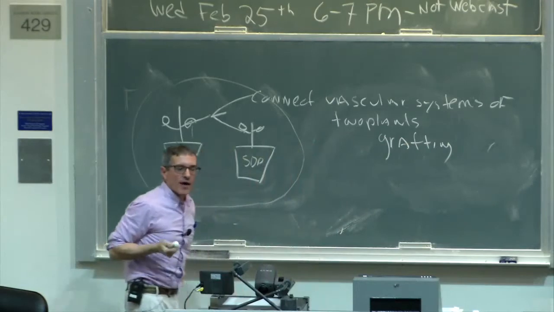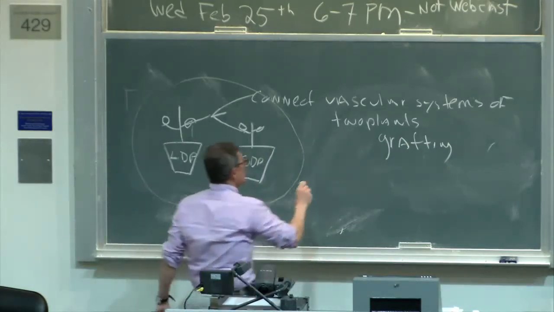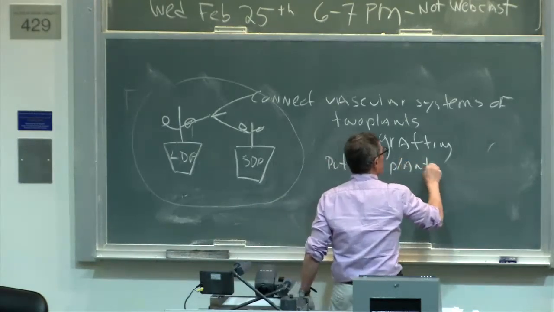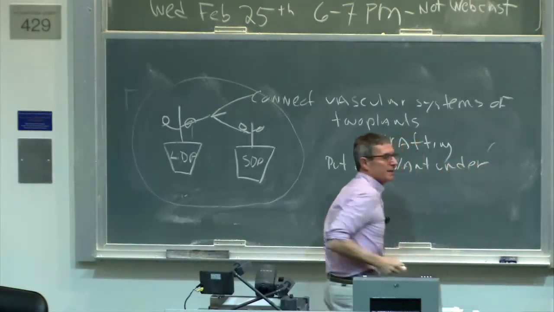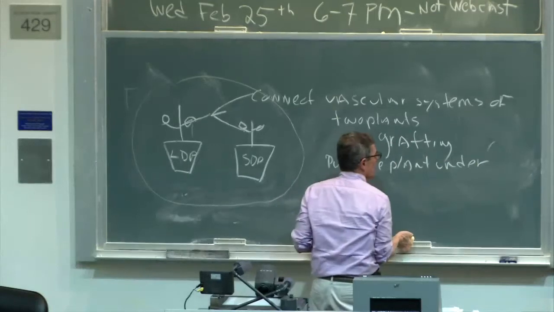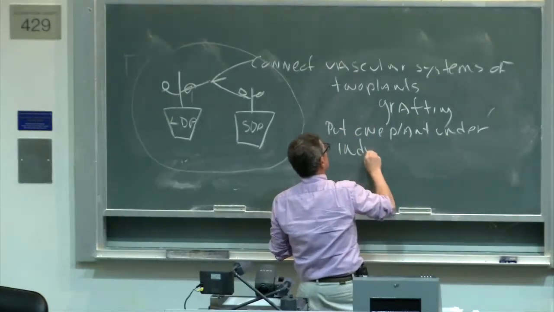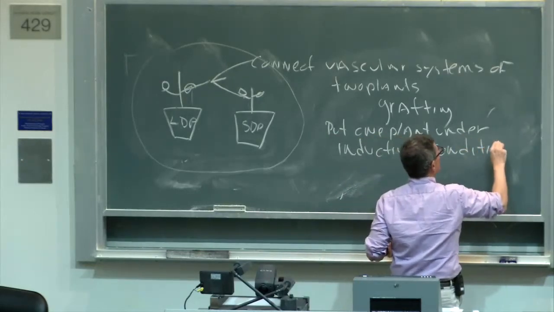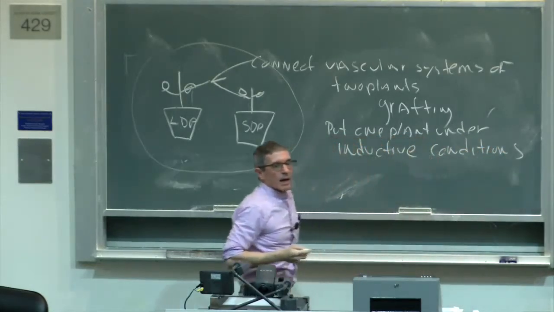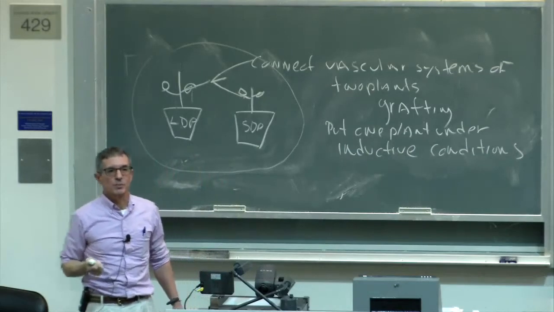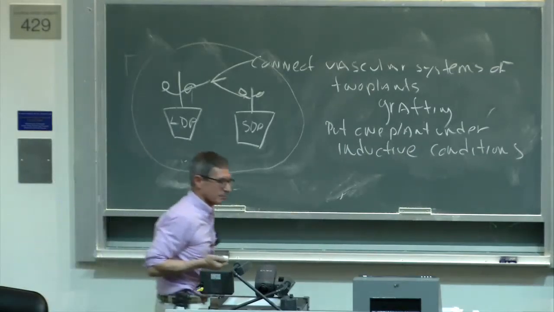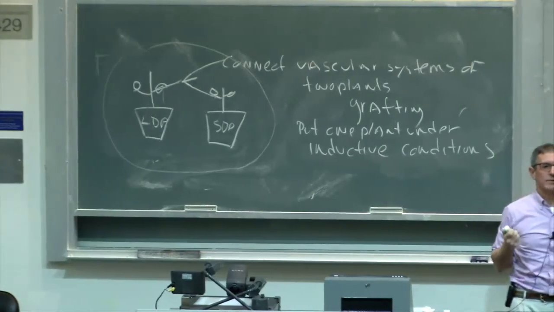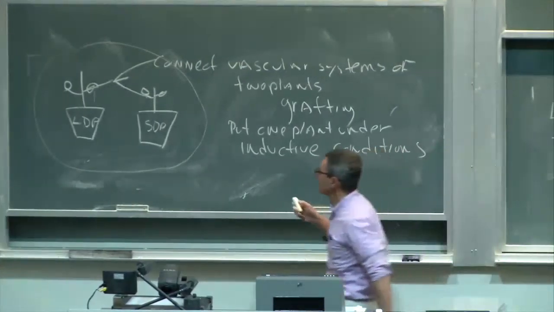And when the vascular systems were connected, we put one plant under inductive conditions, so either the short day plant or the long day plant. When this one plant was put under inductive conditions and grafted onto the second plant next to it, what we found is that both plants flowered.